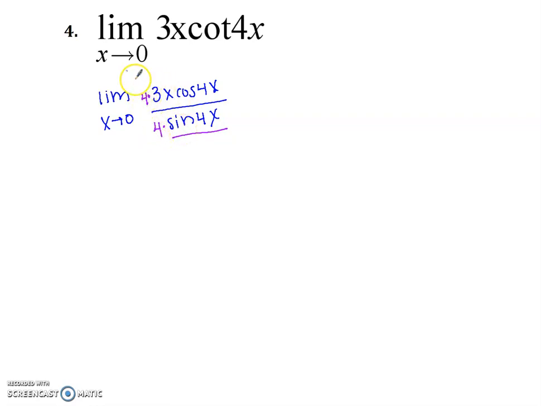If you multiply the top of a fraction by a number, you have to multiply the bottom of the fraction by that number, because multiplying by 4 divided by 4 is just multiplying by 1, which doesn't change anything. Then I want to isolate the sine of 4x and the 4x on top. So this will be 4x over sine of 4x.